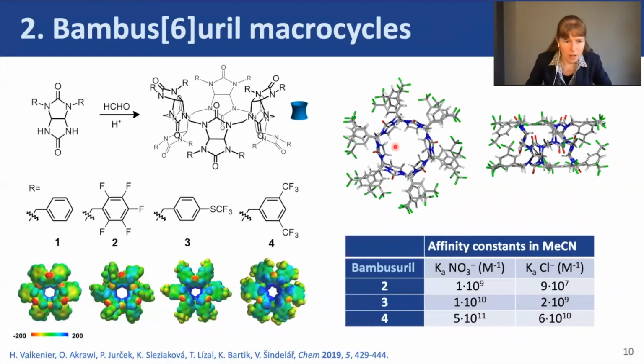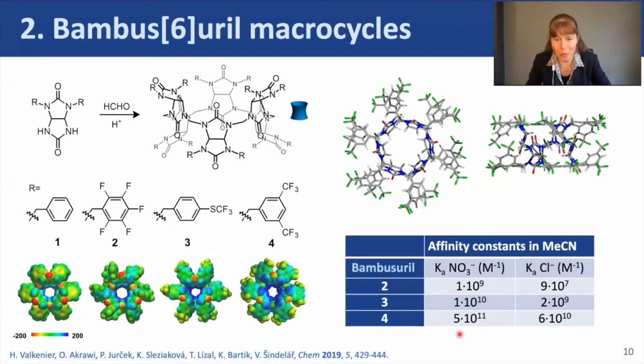Upon addition of more electron withdrawing fluorine atoms along this series, we see that the cavity in these images gets more blue, which means the cavity gets more electropositive. And that leads to very high affinity constants.